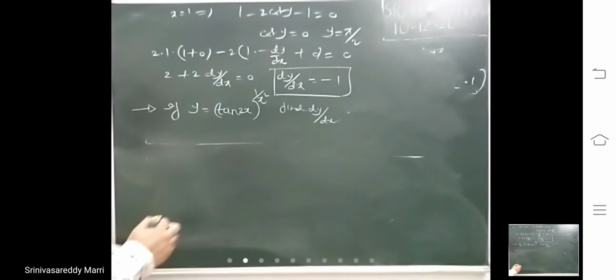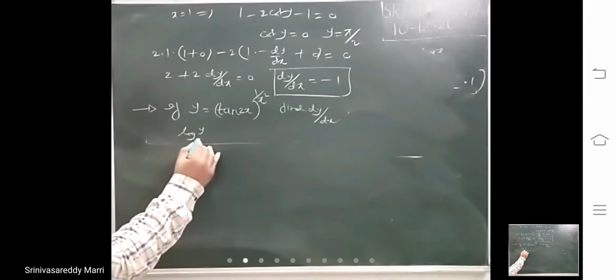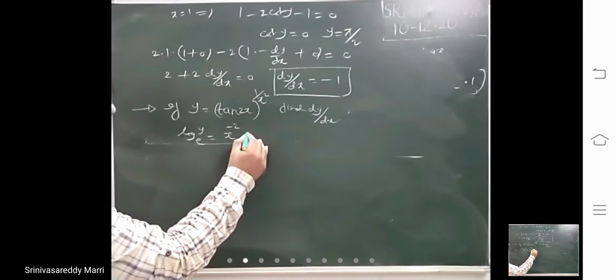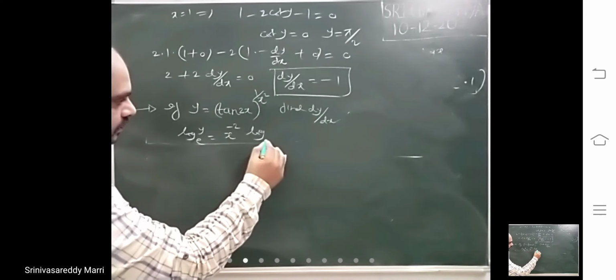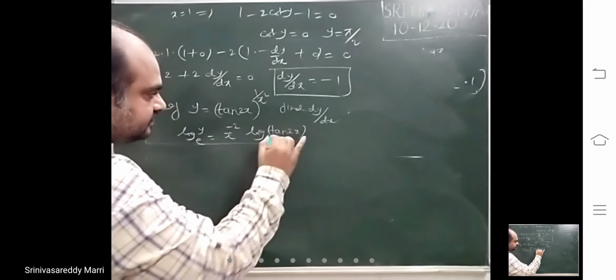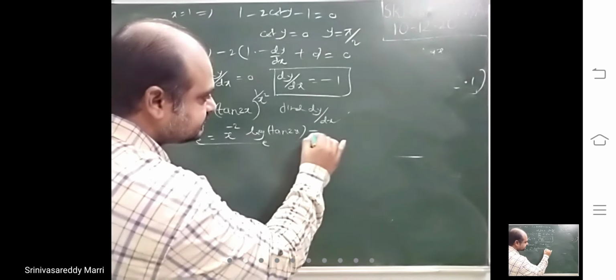So f of x to the power g of x. Apply logarithm. If you apply logarithm, this 1 by x square will come down. 1 by x square is nothing but x power minus 2. Applying d by dx on both sides.